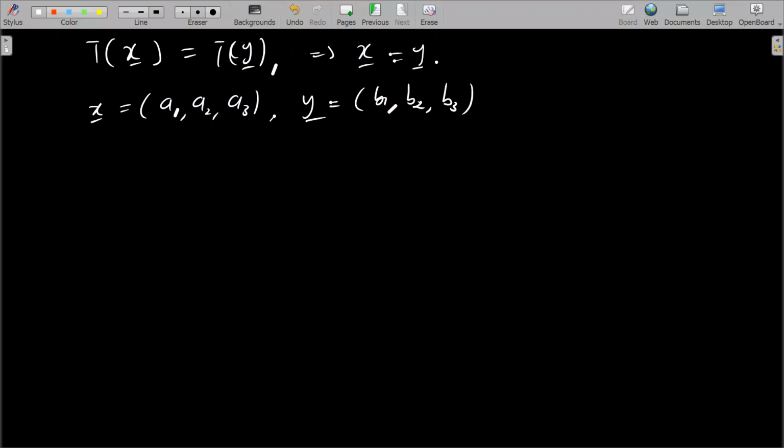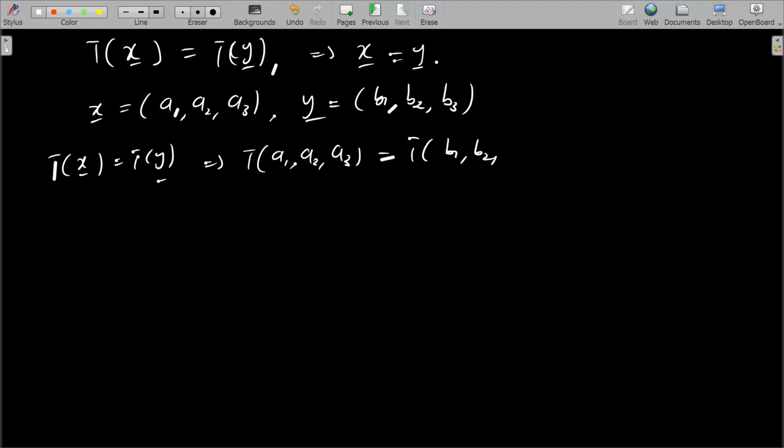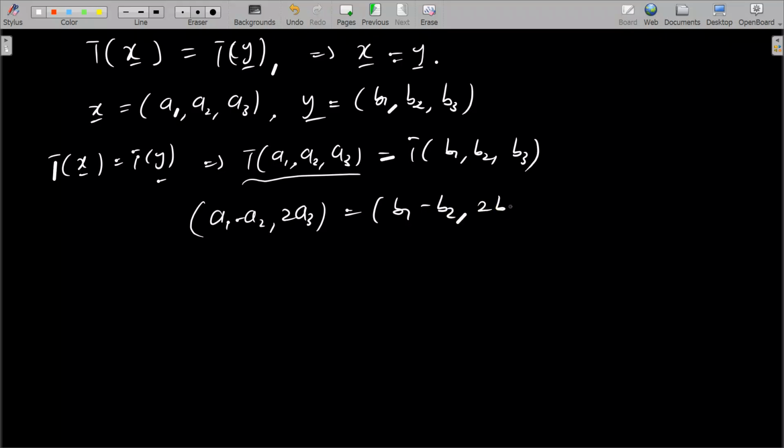So suppose T of x is equal to T of y, meaning T of (a1, a2, a3) equals T of (b1, b2, b3). The transformation is going to give us (a1 minus a2, 2a3) equal to (b1 minus b2, 2b3).